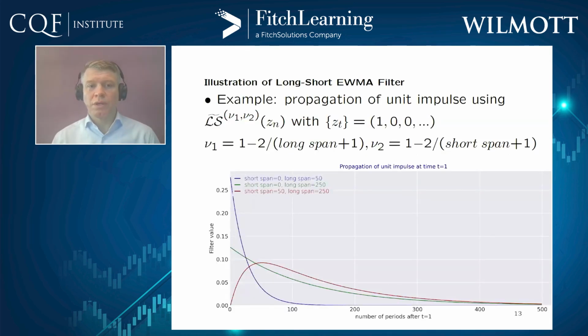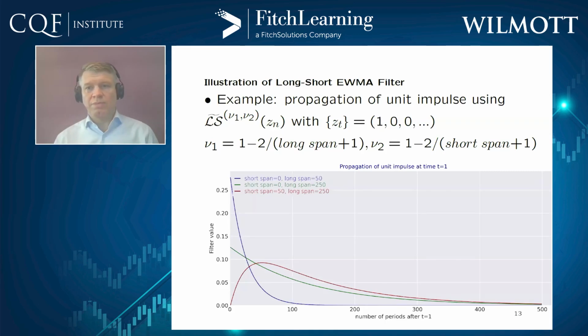So the first blue line, what you can see, we just use a long span of 50 days. It means that we use a very simple signal that is a unit. So imagine there was an impulse of unity at the current time, and we see how it propagates in time.